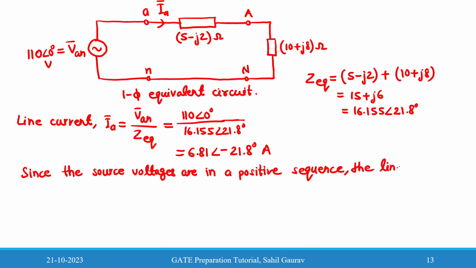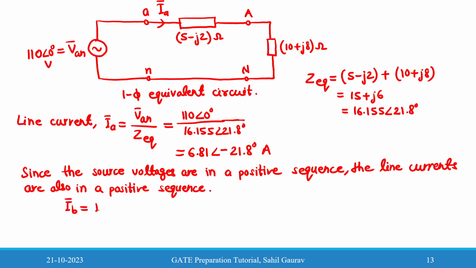So the line currents are also in a positive sequence. So IB is equal to IA magnitude but lagging by 120 degree.